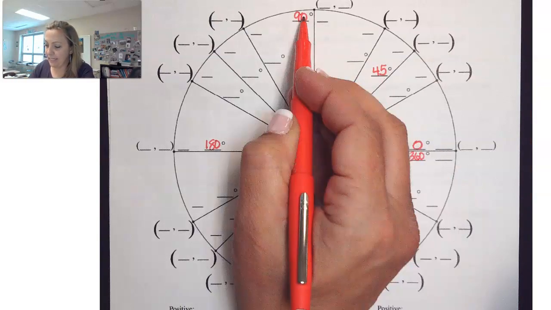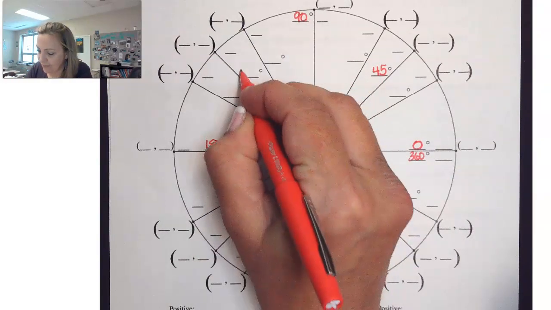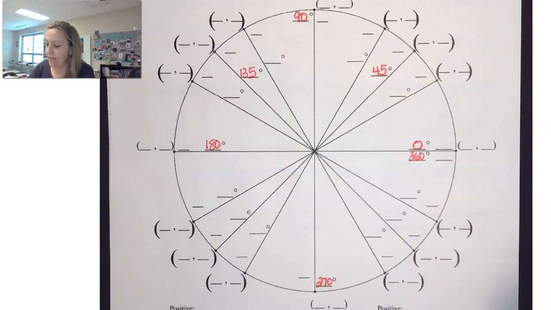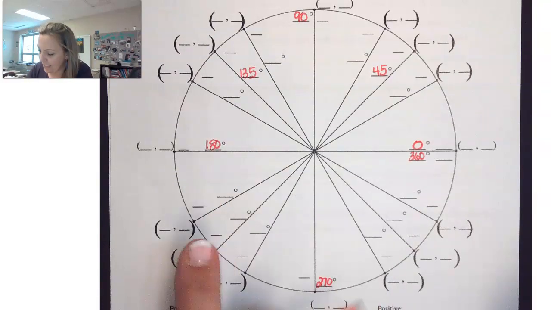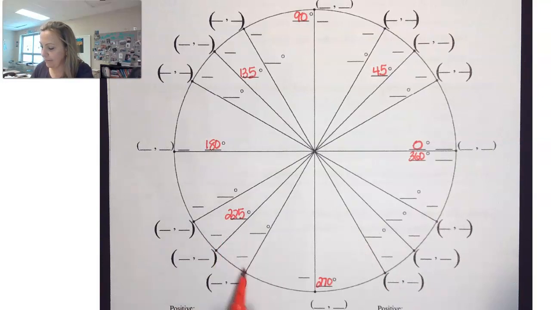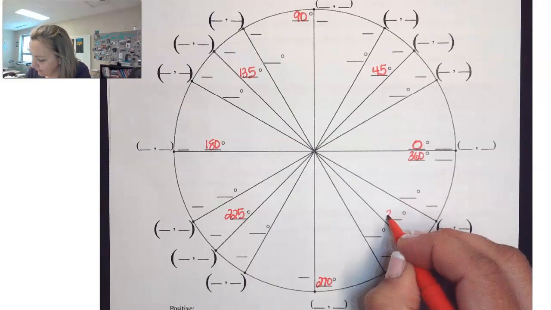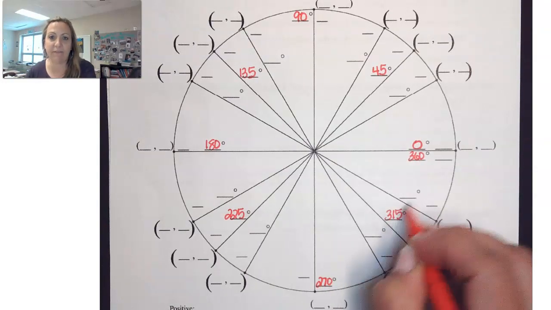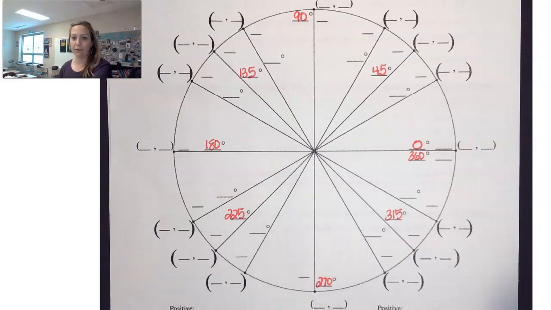So 90, the next one after adding 45 to 90 is 135. Adding 45 is 180. Adding 45 is 225. Adding 45 is 270. Adding 45 is 315. Adding 45 is 360. So those are all in the middle of the quadrants.